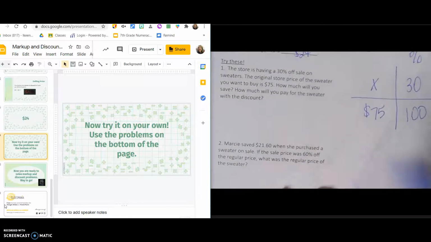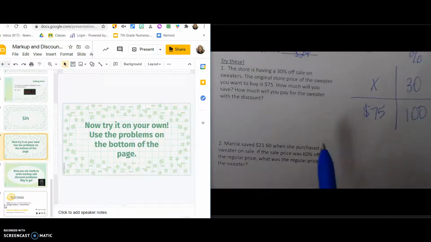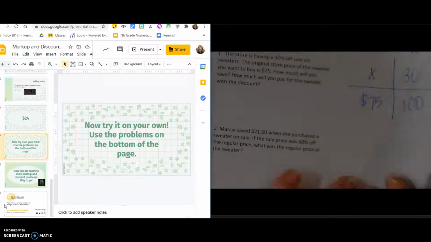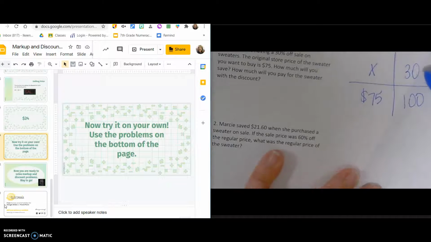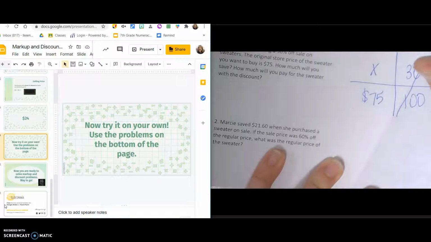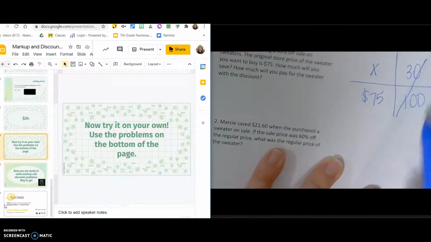So you can do one of two things. You can cross multiply, and that would give you 100X is equal to 75 times 30. Or we could try to simplify and try to see if we can find a relationship that we might know, whatever's easier for you. I know that 30 and 100 are both divisible by 10. So that becomes 3 tenths, because 30 divided by 10 is 3, and 100 divided by 10 is 10.